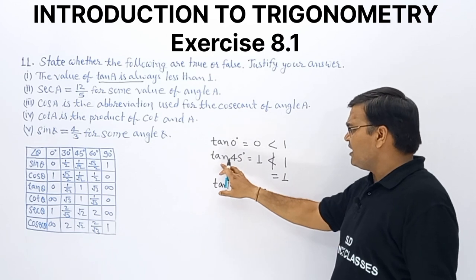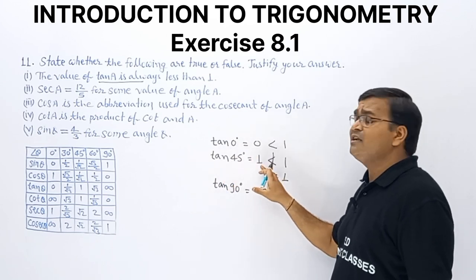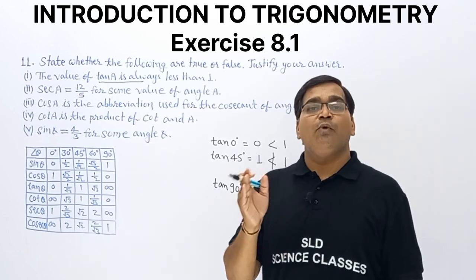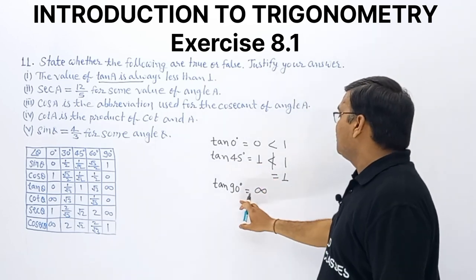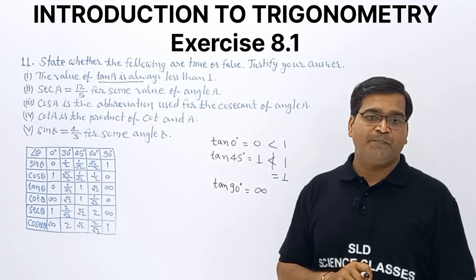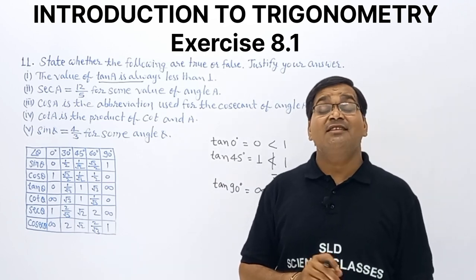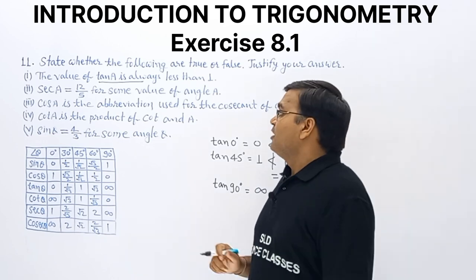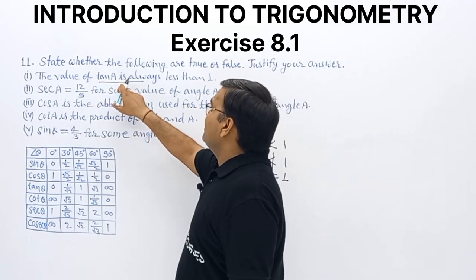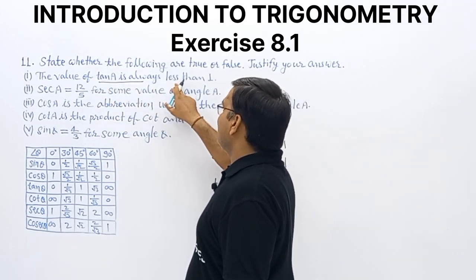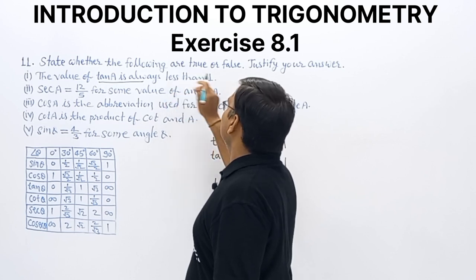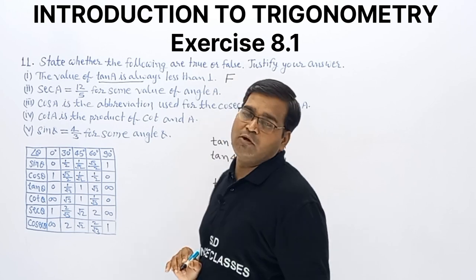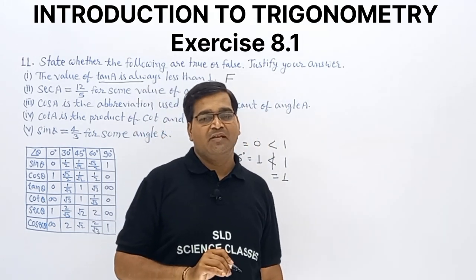Like tangent 45 degree, we get 1, so it is not less than 1, it is equal to 1. At 90 degree, we get infinity, which is more than 1. So the statement that the value of tangent theta is always less than 1 is false.